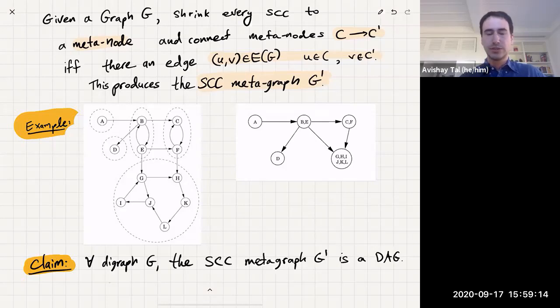You can view it like you can zoom out. If you zoom out, you look at this metagraph, and this metagraph is a DAG. If you zoom in into one of these meta nodes, you see a component which is strongly connected, meaning that there are paths between every two vertices inside every cloud or meta node.